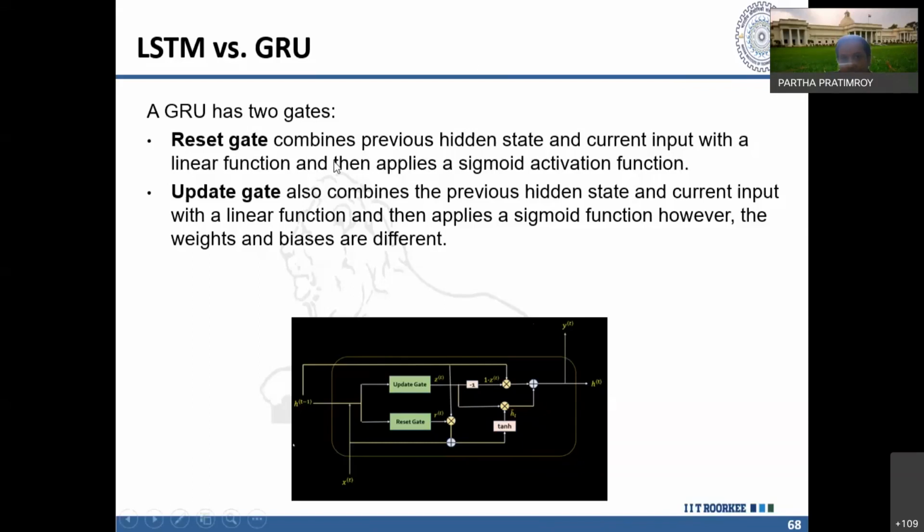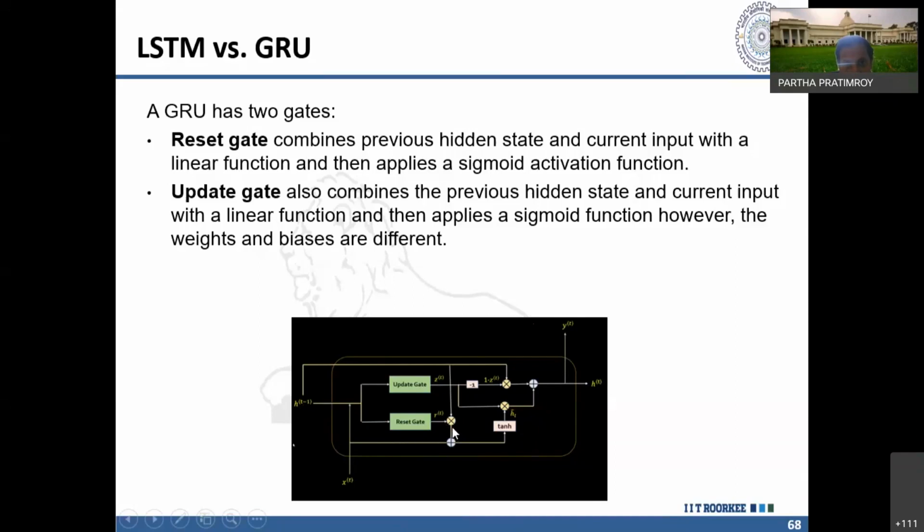And then the reset gate combines the previous hidden state and the current input. Okay, so the previous hidden state and the current input you combine, and then apply a linear function and then apply a sigmoid activation function. And the update gate is also a linear function, so x_t is multiplied with h_t minus 1.